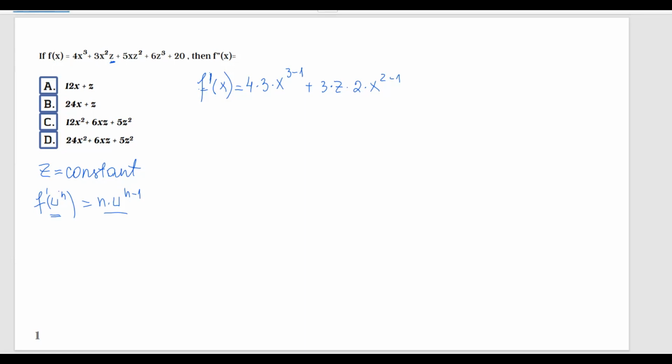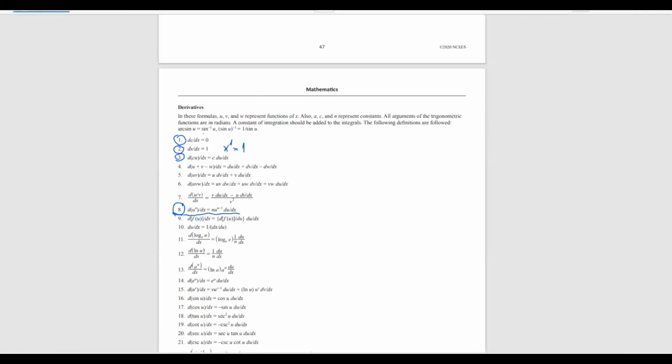Moving forward, we have 5xz squared. So 5 and z squared are constants, so I'm going to write them down together like this. And now this formula over here is the derivative of cu.